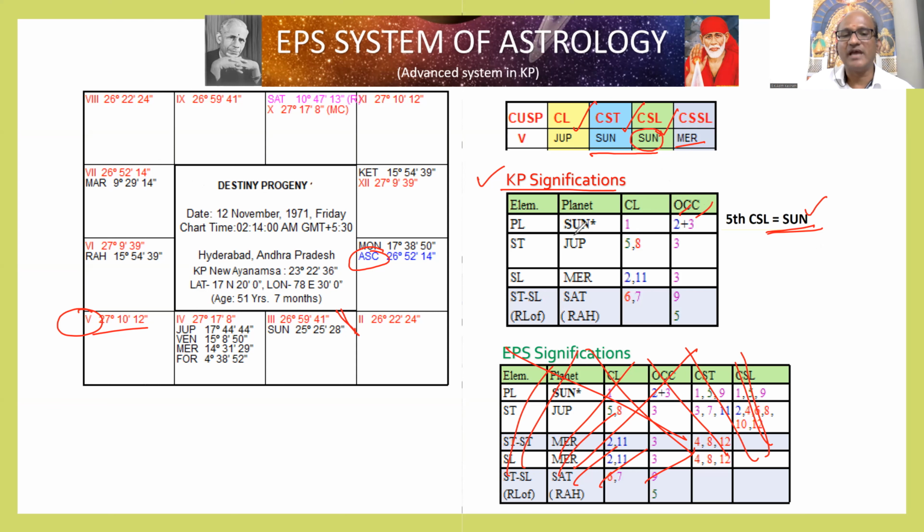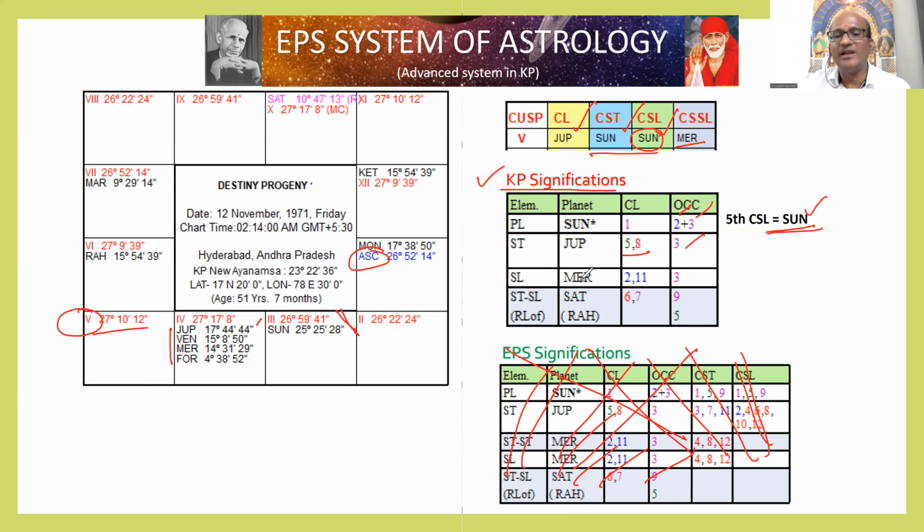Now that Sun is in the nakshatra of Jupiter, that Jupiter is fifth lord, eighth lord, occupying the third house, right? Third house at 17 degrees. It is not close to the fourth house. It is occupying the third house.